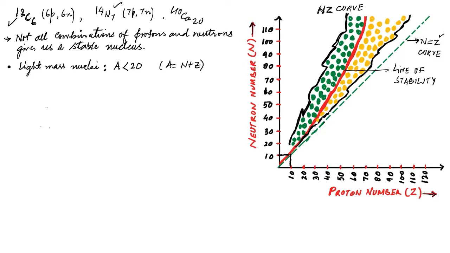So such a system is lying close to the N equals Z line, as well as on the line of stability. They are basically lying on these two.